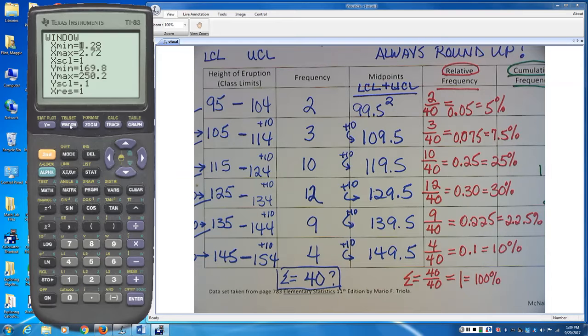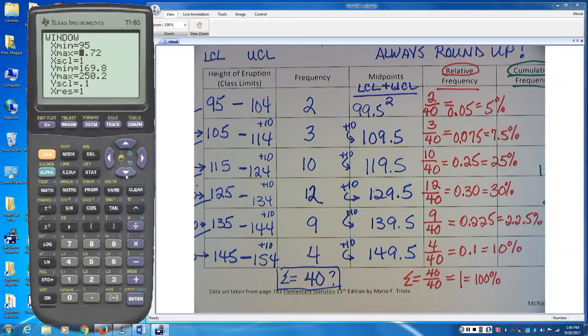Your minimum X value is going to be 95, the lower limit of the first class. Your maximum X value is not going to be 150 because we're looking at the classes.